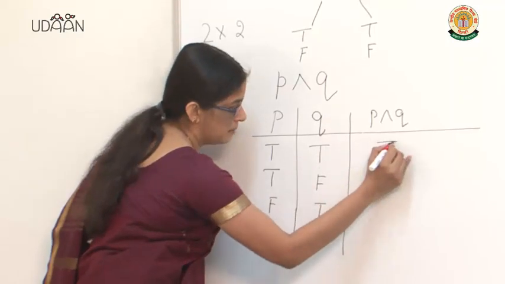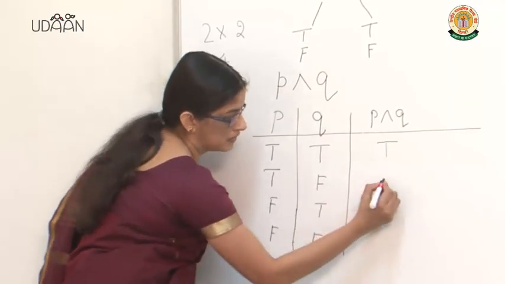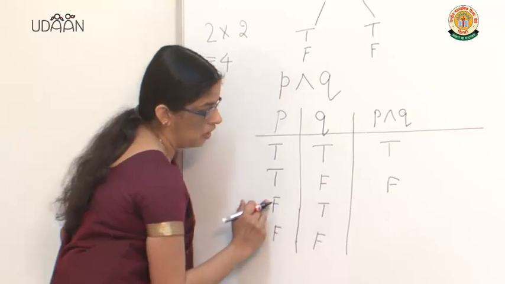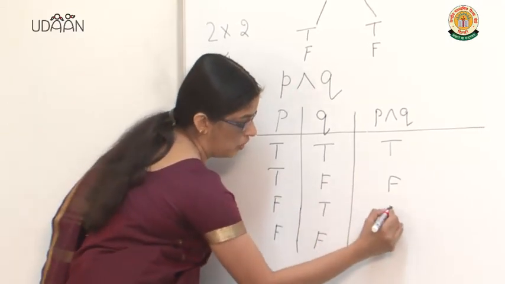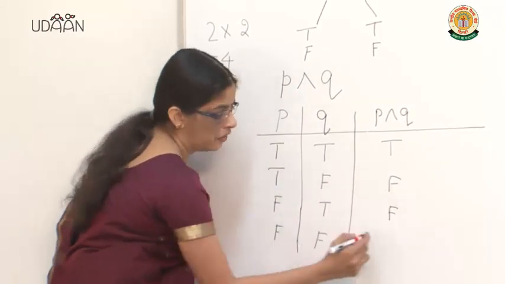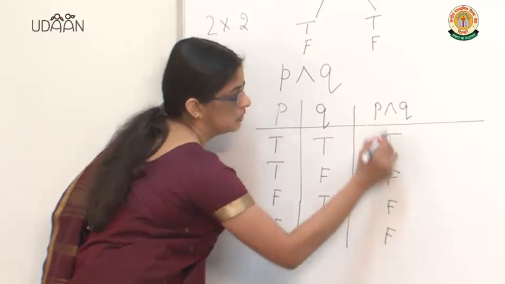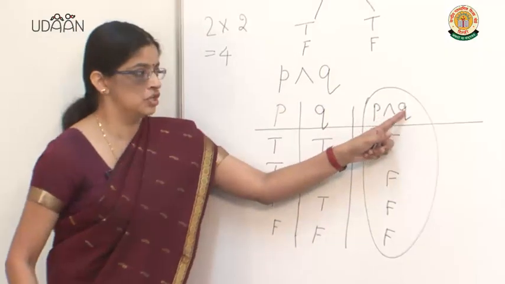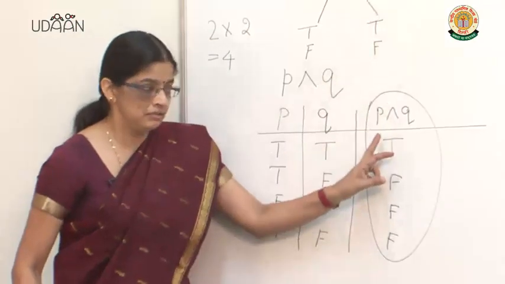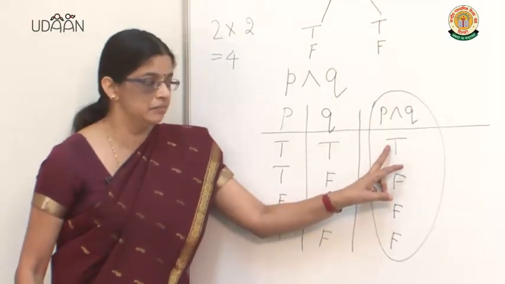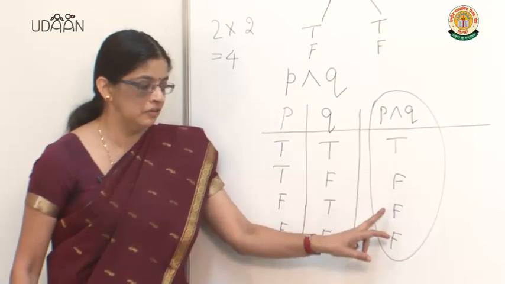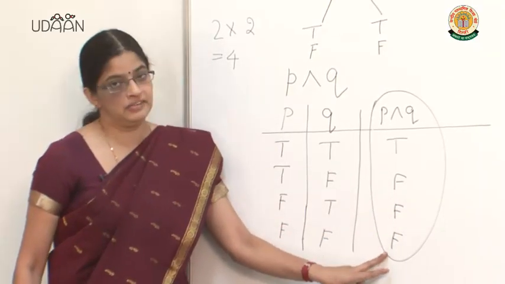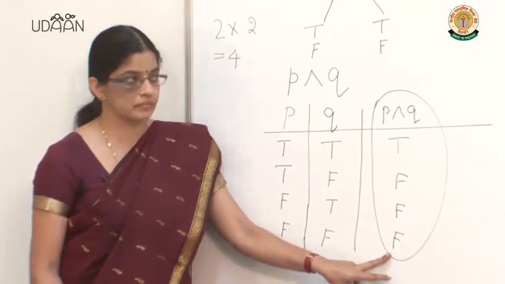It is T. True and false is false, false and true is false, false and false is false. So this column P and Q, the truth value of the conjunction, is given by true, false, false, false. Is it clear?